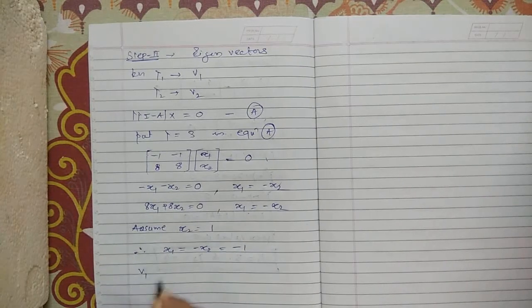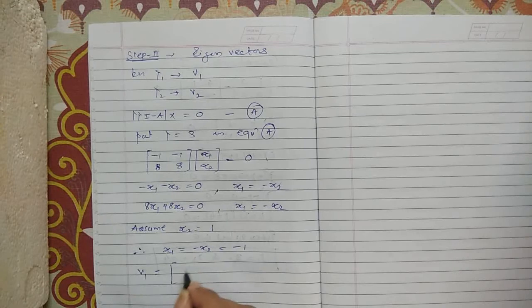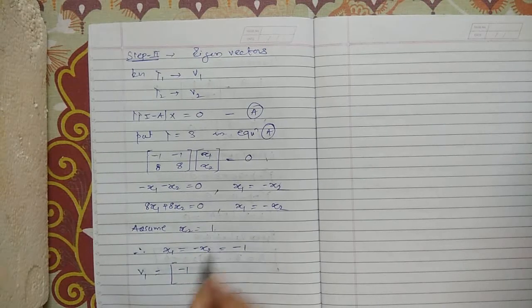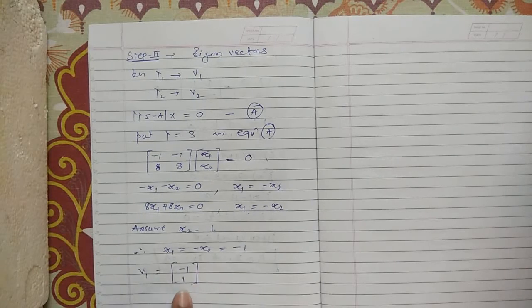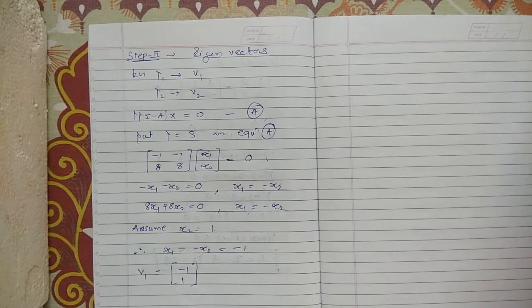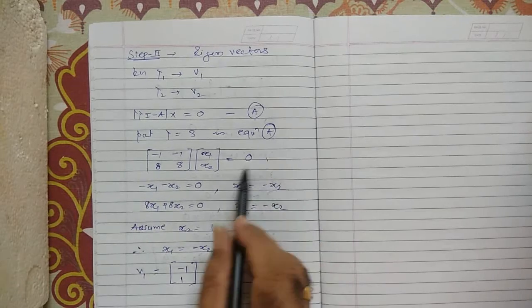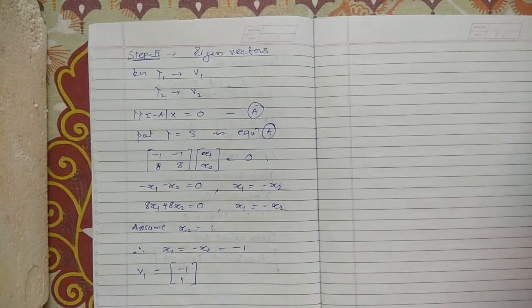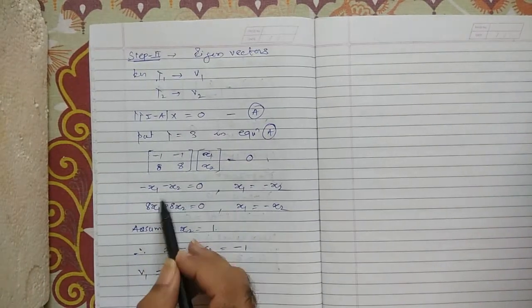So we have the eigenvector v1 equals, what is x1? That is minus 1. And what is x2? That is 1. So v1 equals minus 1 and 1. I have assumed this because I have two equations, and for lambda 1, x1 cannot be 0.